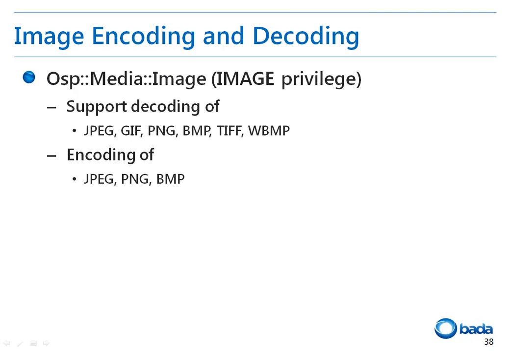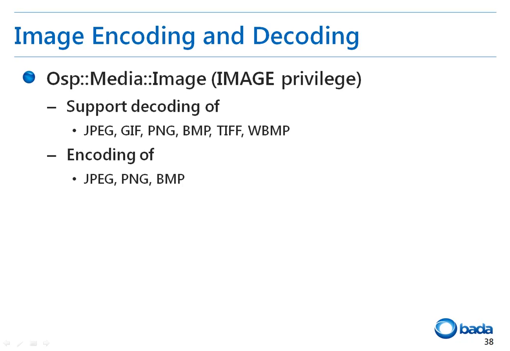Now, let's have a look at image encoding and decoding. Encoding and decoding images is performed using the OSP Media Image class. The functions in this image class belong to the image privilege group. Therefore, to use the functions in this image class, the image privilege group must have been selected in the manifest.